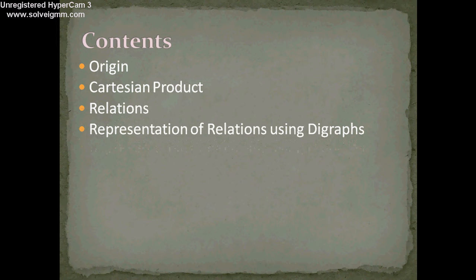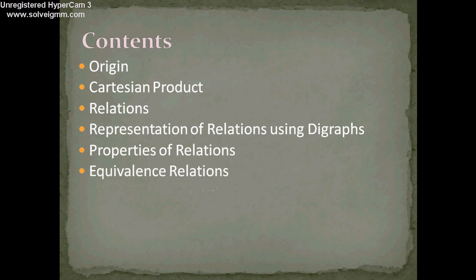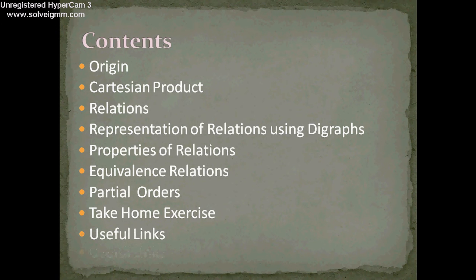Then we see representation of relations using digraphs. Properties of relations, equivalence relations, and what are partial orders will be covered. Then at the end there is a small take home exercise for you. There are some useful links provided, and at the end we have references.